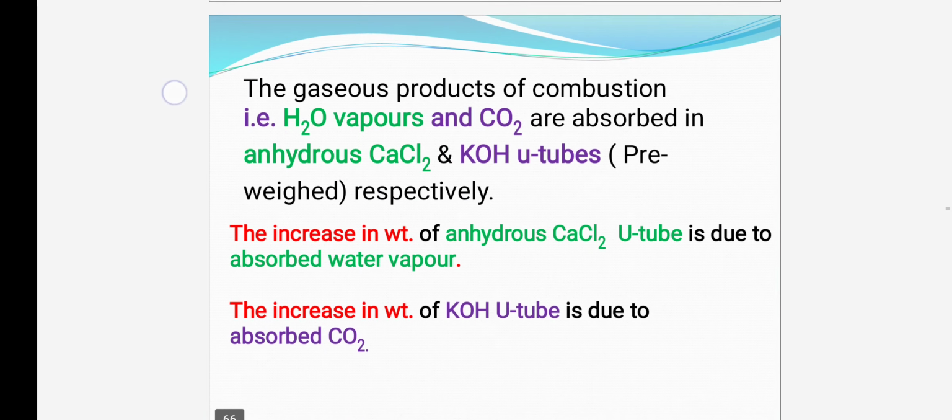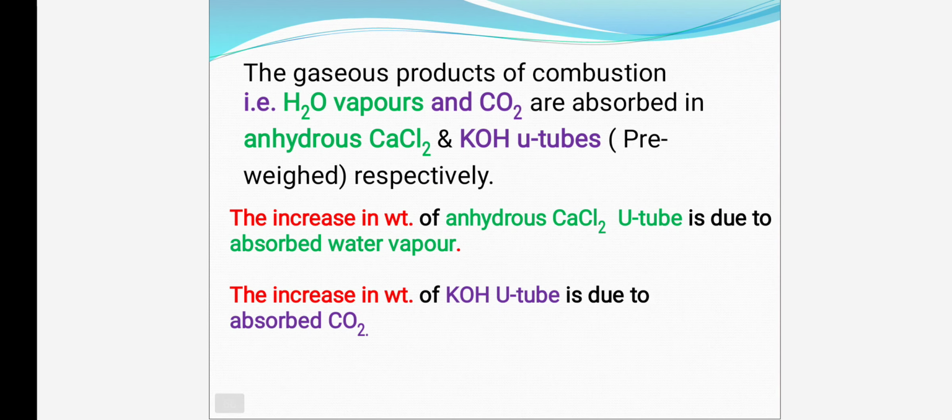Now, the produced gases, CO2 and H2O, who absorbs them? H2O vapors are absorbed by anhydrous CaCl2 U-tube; two U-tubes are there, U-shaped glass tubes. In one glass tube anhydrous CaCl2 is there and in another glass tube KOH is there, and weight of those U-tubes is taken.